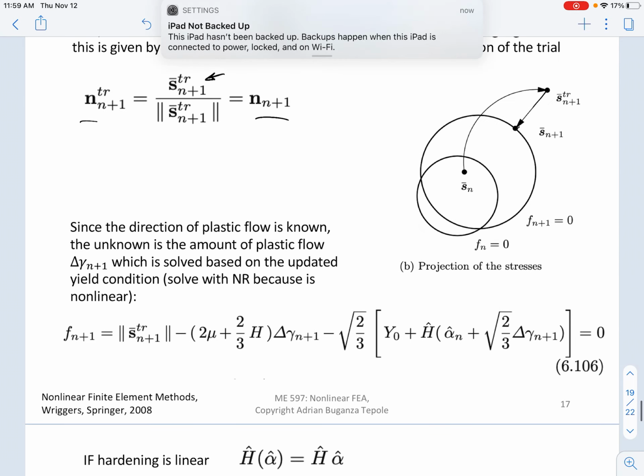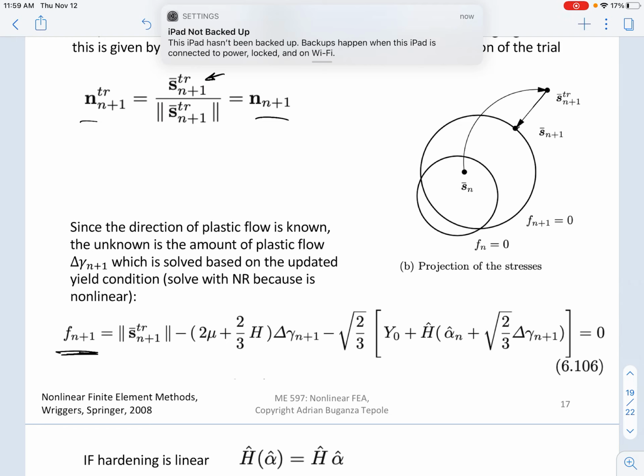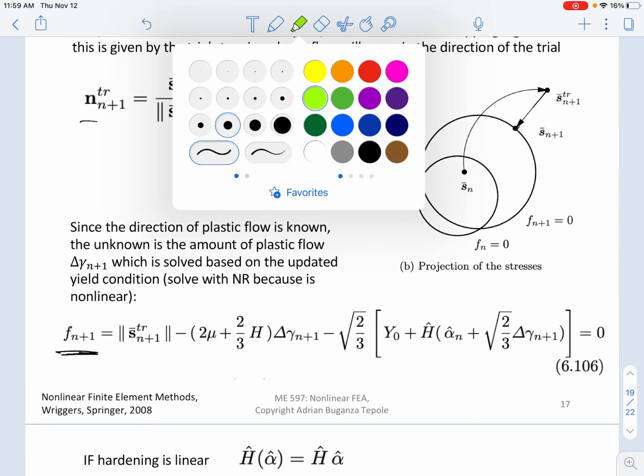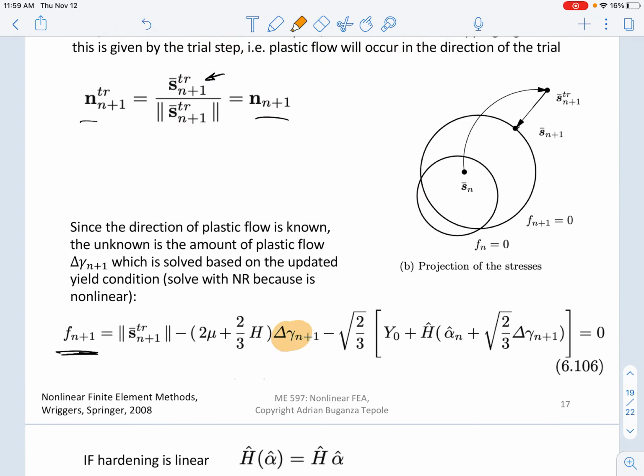So how do you do that? Well, you only need to solve for basically the equation for the new yield surface, which depends only on the new plastic flow. So your unknown here is only this. This might be nonlinear, so you might need to use Newton-Raphson here, but it's a nonlinear equation with a single variable. So you solve for that plastic flow for the new time step.